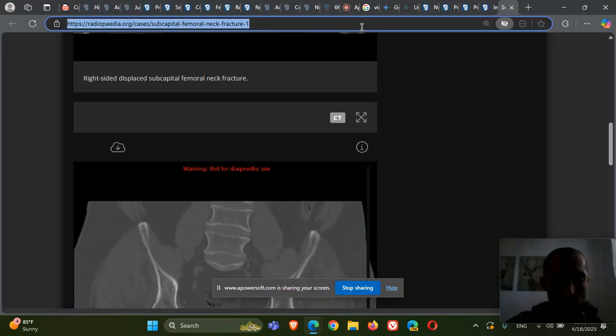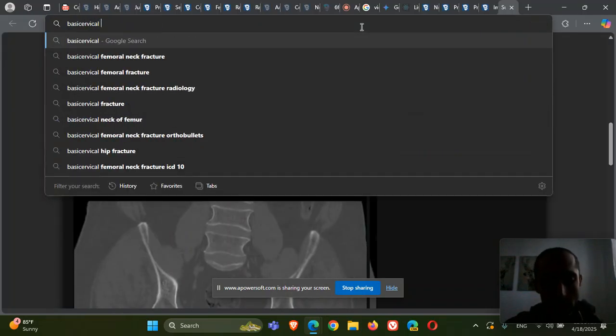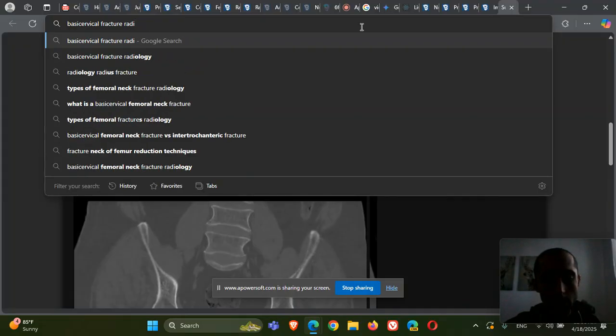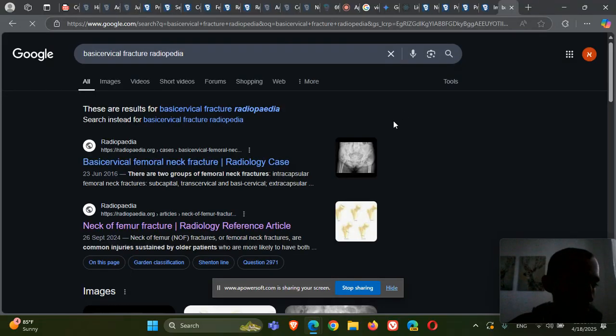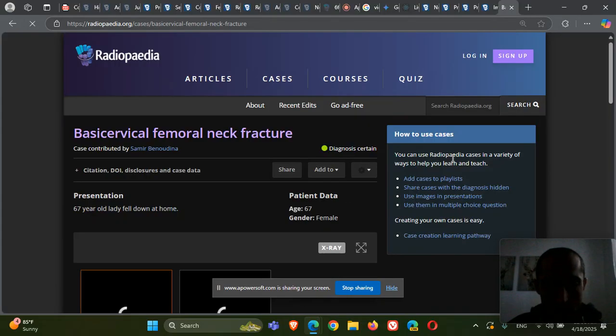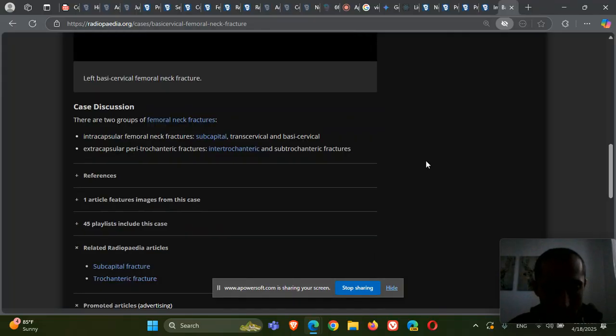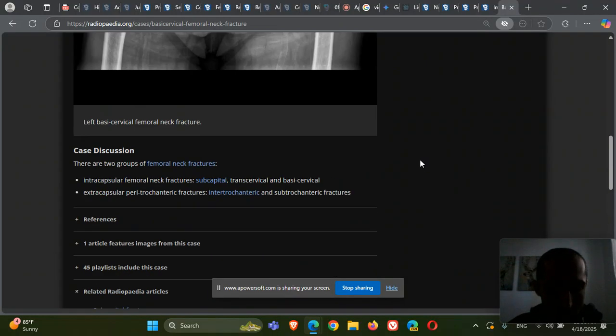Let's see if we can even see a basicervical fracture. Let's see if I will get something. Radiopaedia. Okay, so you can see right over here the basicervical region is, of course, here.